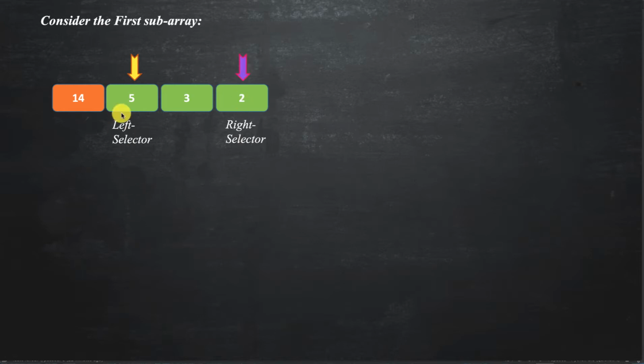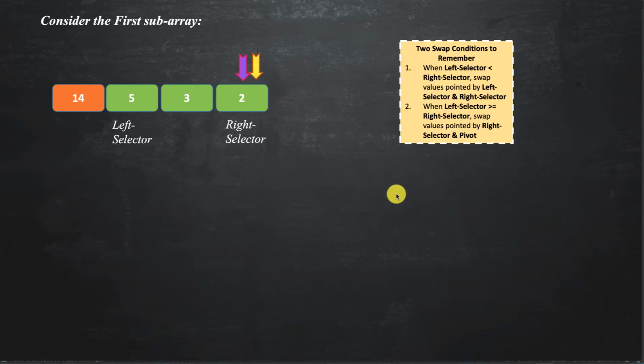The left selector needs to find an element greater than the pivot, so we need to find an element greater than 14. As we do here, there is no element which is greater than 14, so the left selector goes until the last element, and since there are no more elements left, it will stop here.